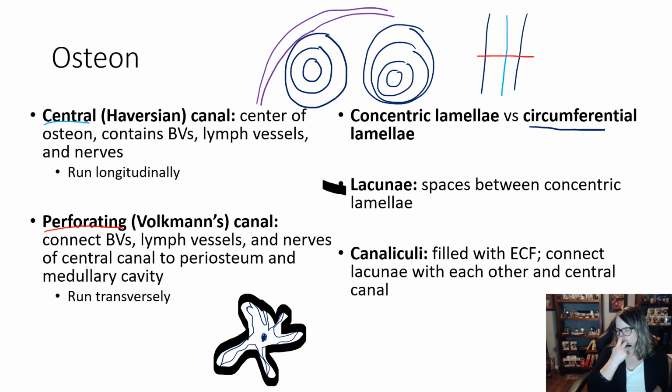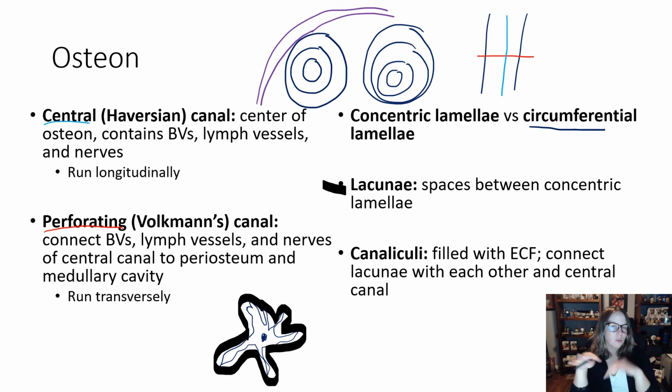And one thing about bone, and I'll show it to you a little bit easier on the next slide, unlike other connective tissues where the nutrients and waste can just diffuse through the matrix, bone has a solid matrix, so it can't have diffusion. Nothing can really penetrate and go through the bone without there being a channel there.